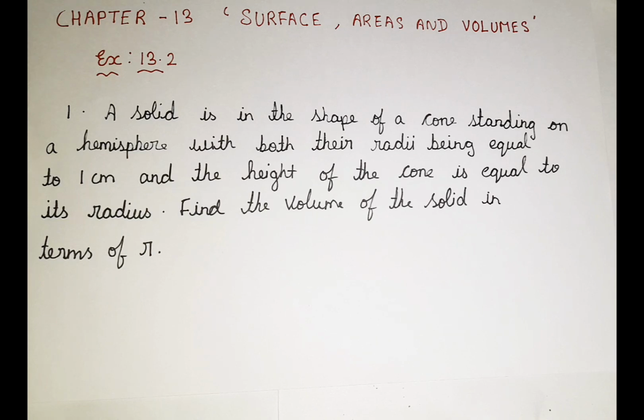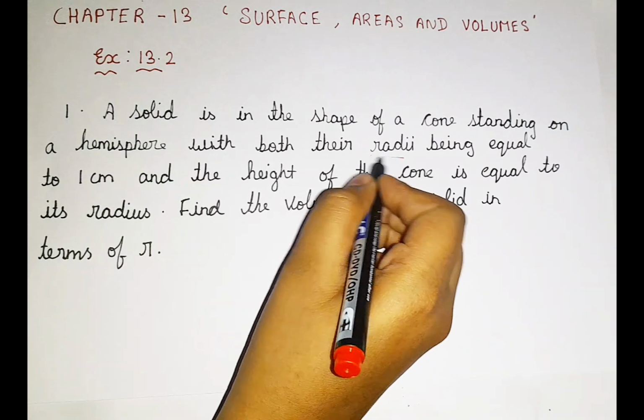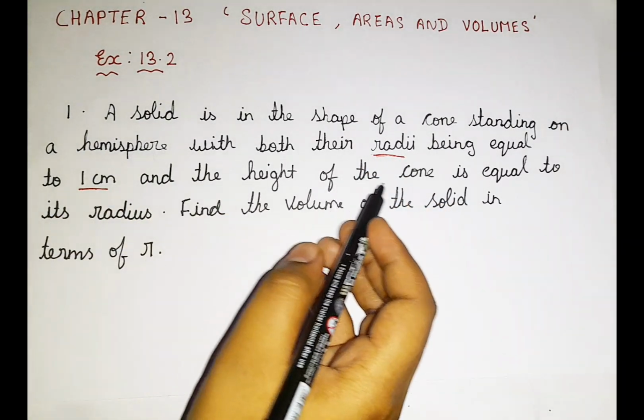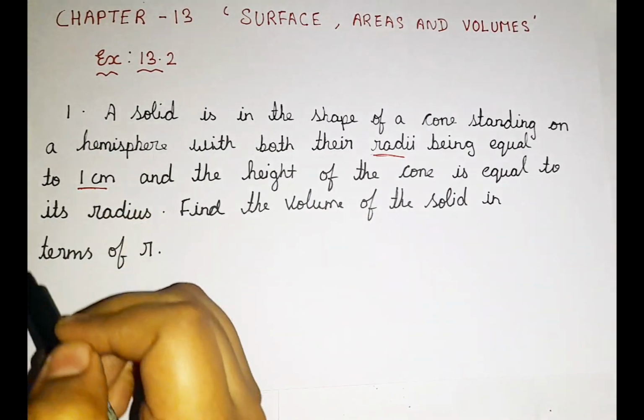Here, what are the values mentioned in the question? The radii means radius. So the radius is 1 centimeter and the height of the cone is equal to its radius. Then the height is also 1 centimeter.